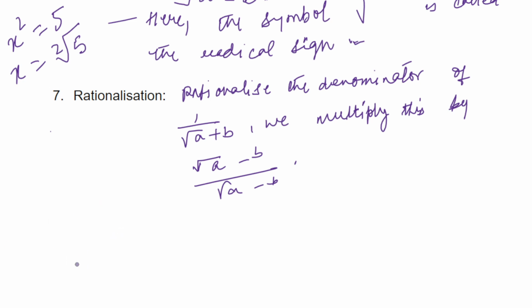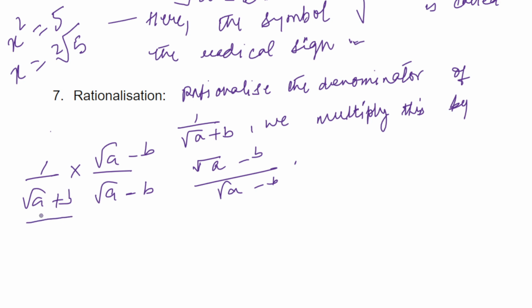Let me write it like this. See, 1 over root a plus b, what do you multiply? Take the same thing, only the sign changes, minus. The same one will go in the numerator also.